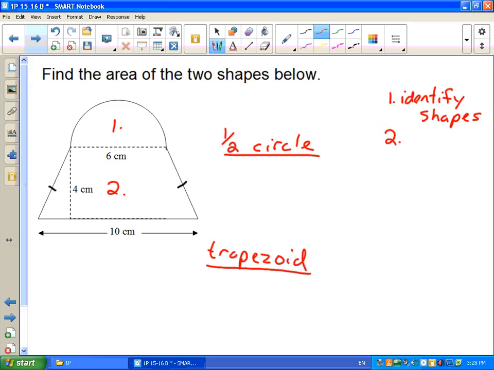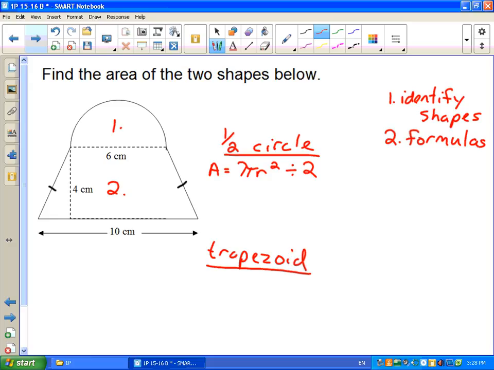The next thing we should do is figure out what formulas we need to find each of these areas. On my formula sheet, I see that for the area of a circle, my formula is pi r squared. But I have a half circle, so I'm going to divide that by 2.